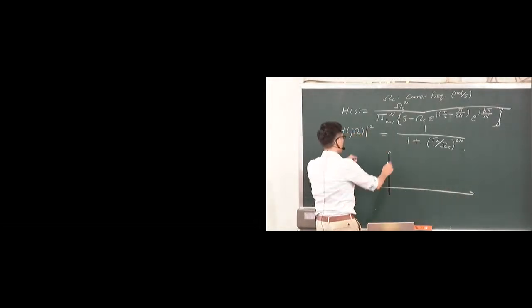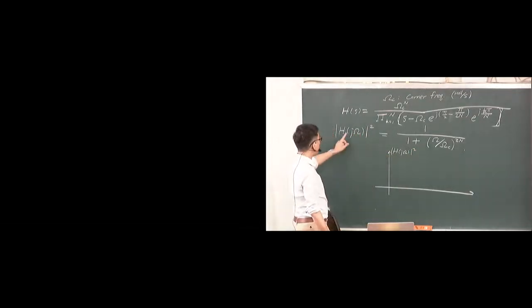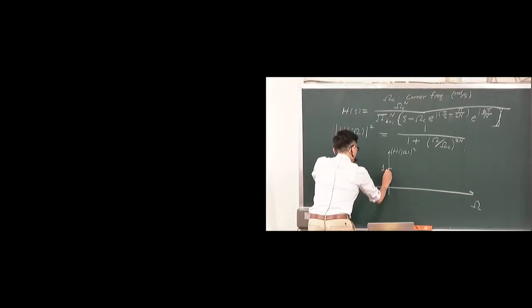So let's make a plot. We have that, and the magnitude square in here that we are going to plot. When omega is 0, the response is 1. So it's pretty easy. At DC, the magnitude response is 1.